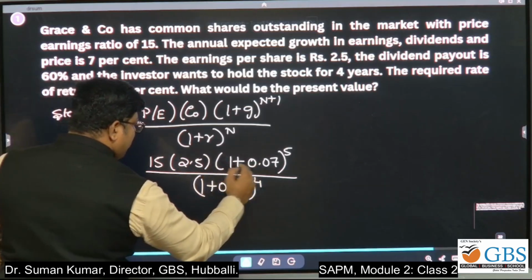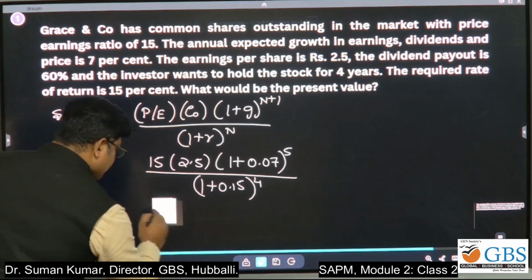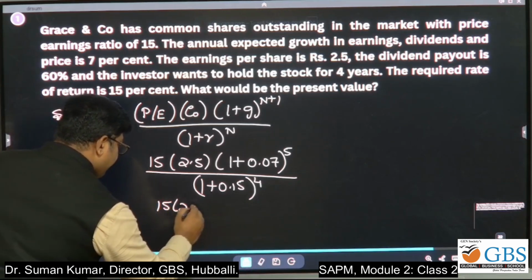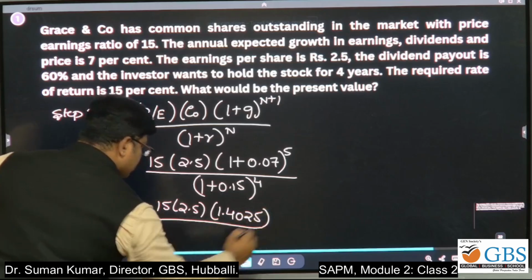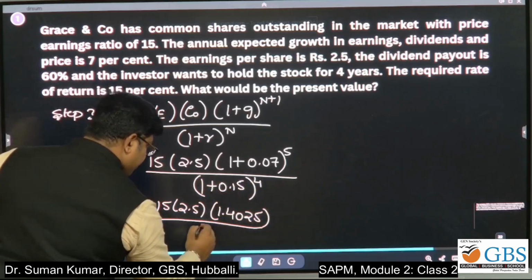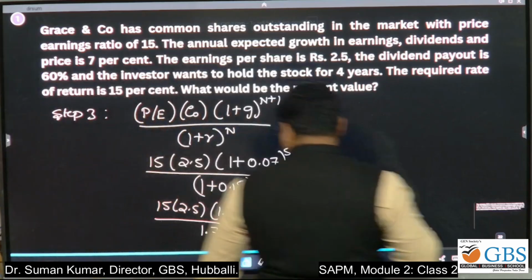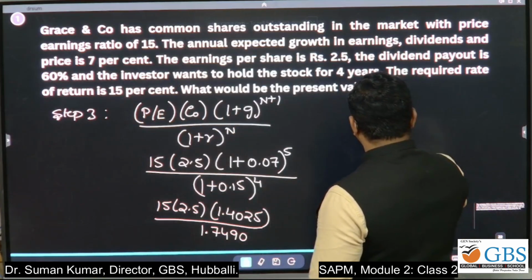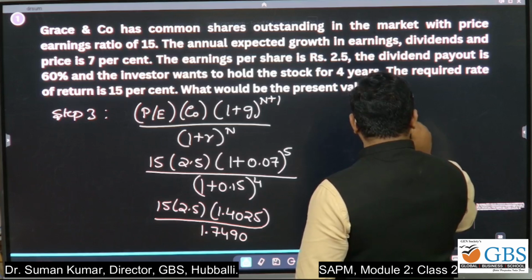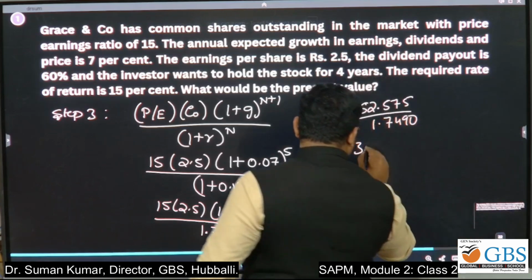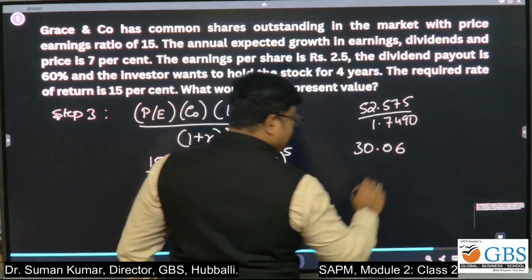So first 1.07 raised to 5, 15 into 2.5, 1.15 raised to 5, okay, this one 1.7490, multiply the numerator, 52.575 divided by 1.7490, answer 30.06.